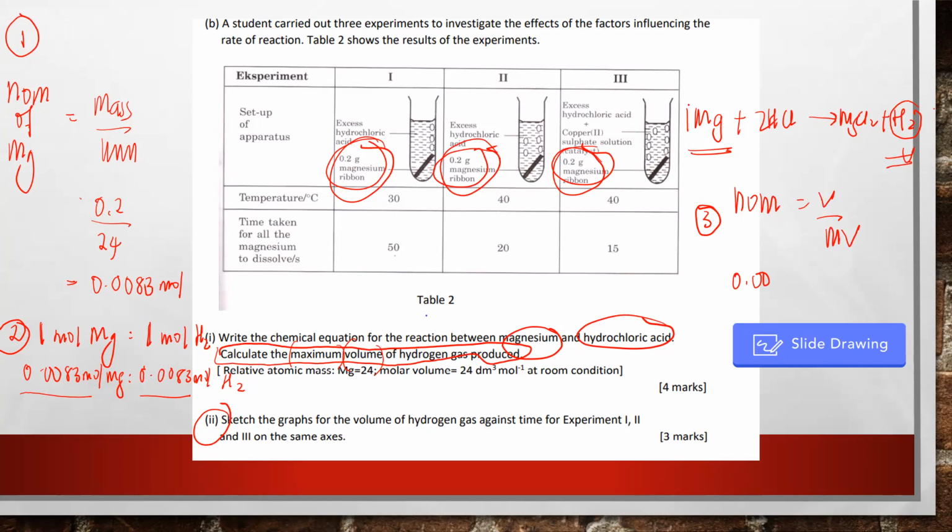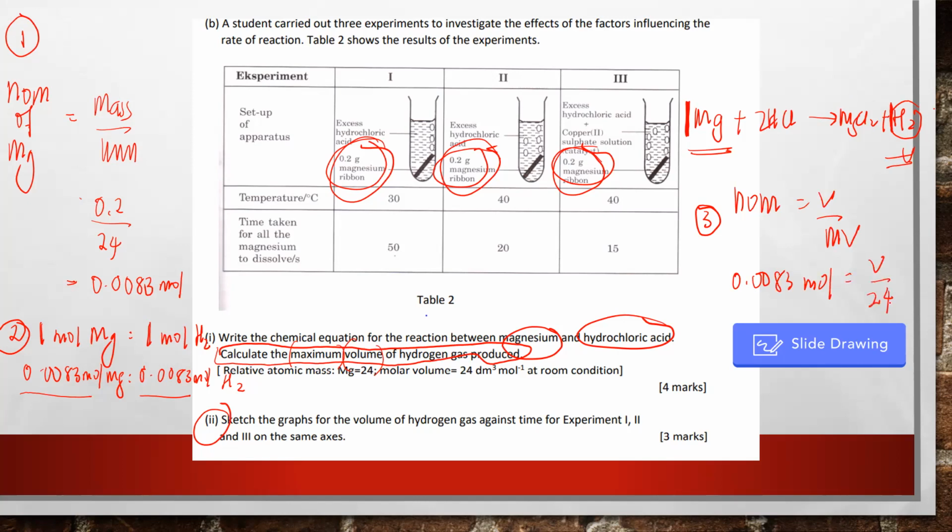My equation here, 1 mole of Mg gives me 1 mole of hydrogen gas. Okay, 0.0083 moles is equal to volume over molar volume.